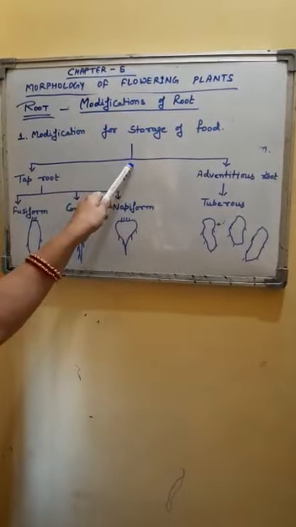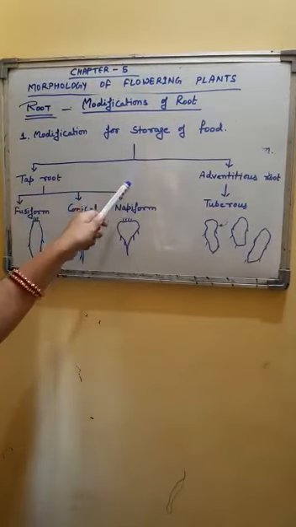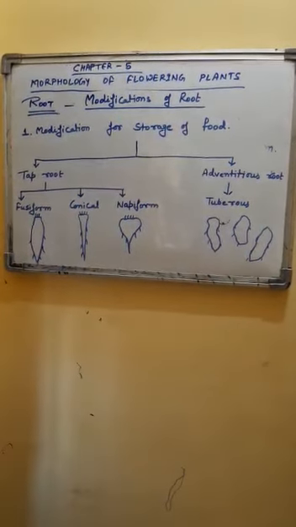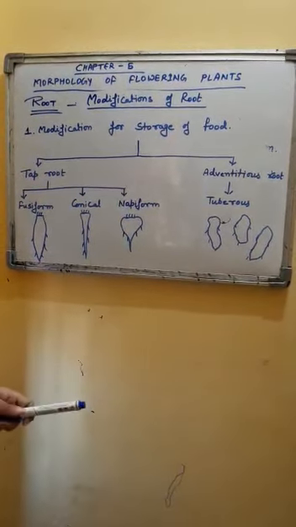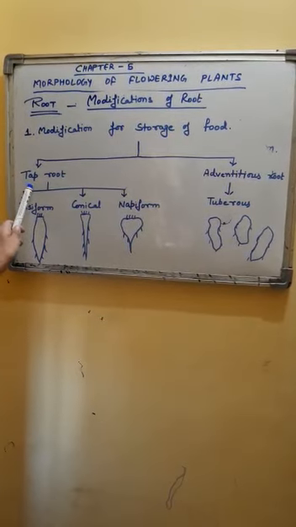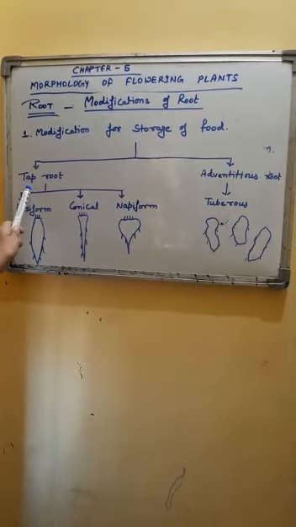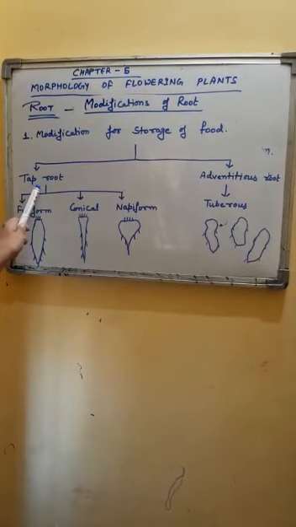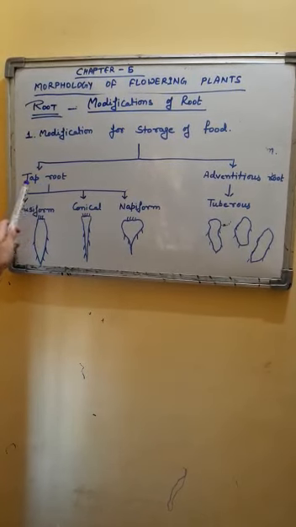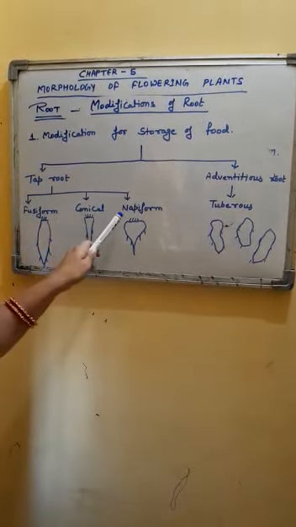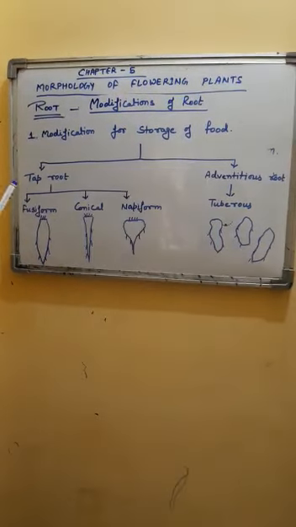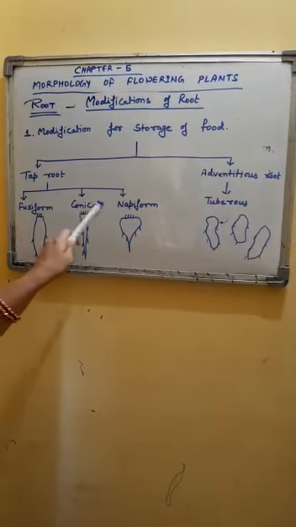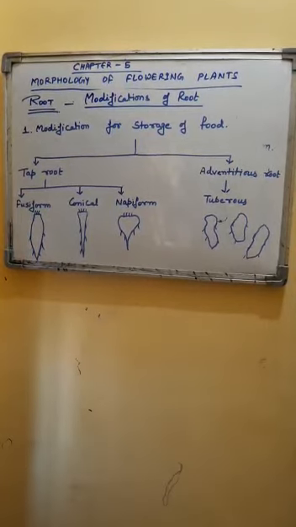The modification of root develops different shapes of root. Inside the taproot, due to storage of food, the modifications change it in three types of form. So taproot shows three types of modification for storage of food.